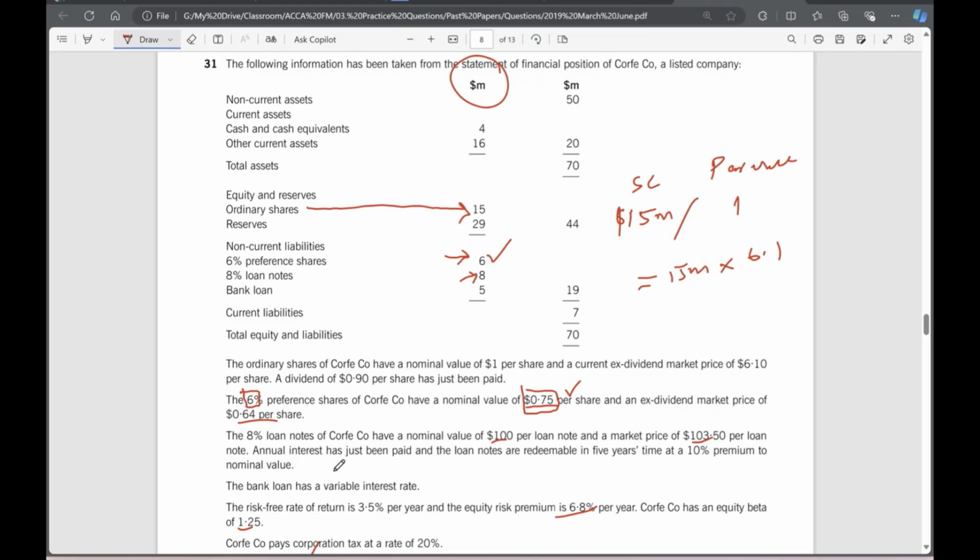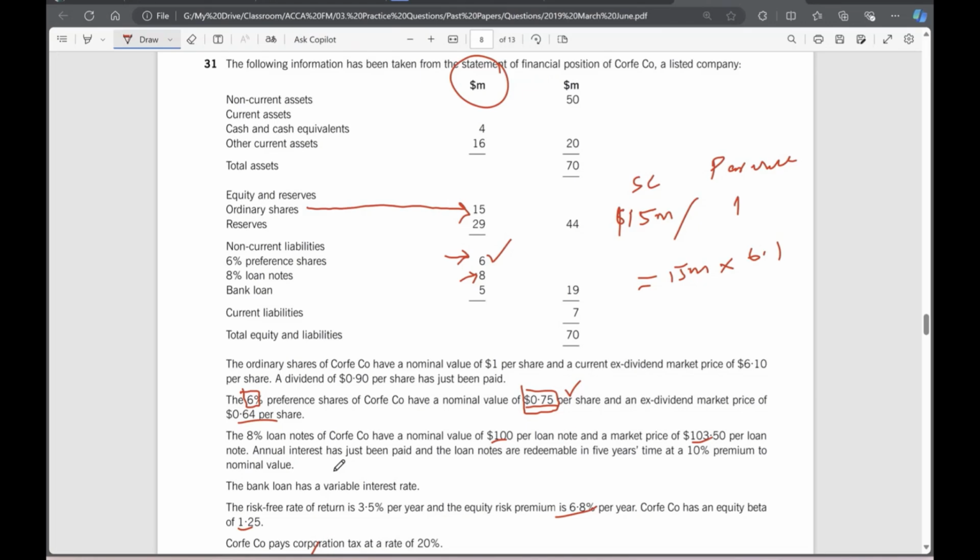So what's the par value of one preference share? 0.75. So whatever par value, you will get 6% of it as a fixed dividend every year. 6% is not a value. 6% is a dividend rate.